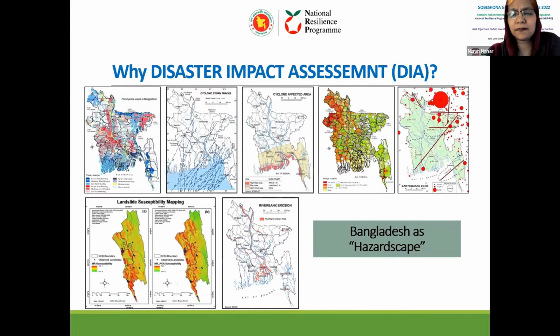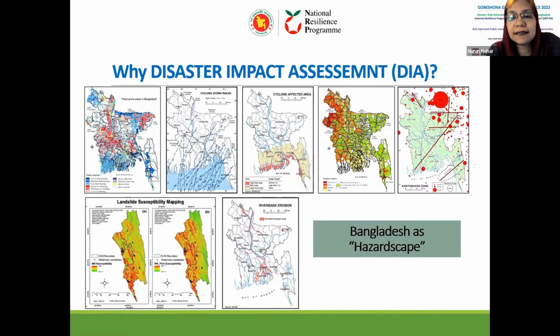Next slide, just to give the background of why we need such tools. We know Bangladesh is a very vulnerable country to disasters; all the hazards strike in Bangladesh.